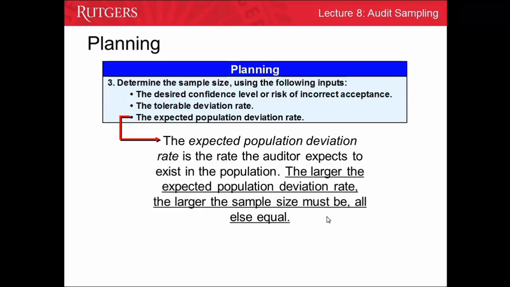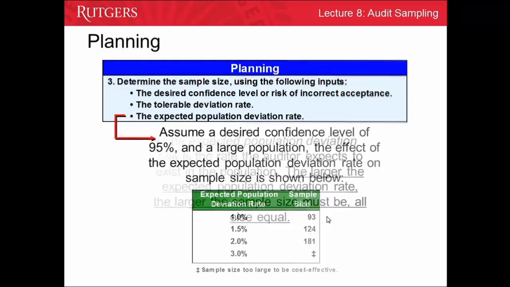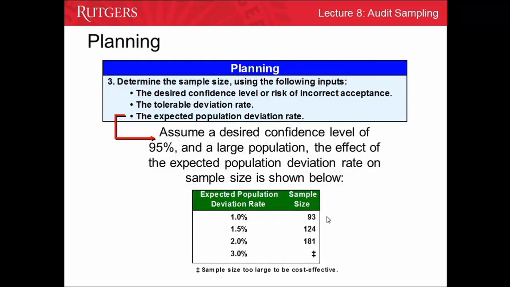The expected population deviation rate has a direct relationship to sample size. The larger the expected population deviation rate, the larger the sample size, all else equal.